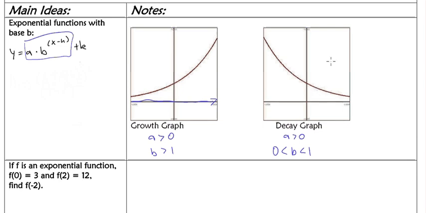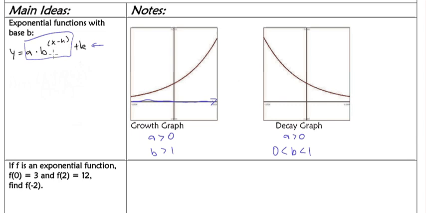We said, what if it cut in half every number of months? If it keeps on cutting in half, it's never going to get less than 0. In fact, it will never even get to 0, because it's going to keep on getting cut in half, but it keeps on being a positive number greater than 0. So our asymptote happens at whatever the k is. If it's being added, then it moves our asymptote up. If it's subtracted, then it moves the asymptote down.